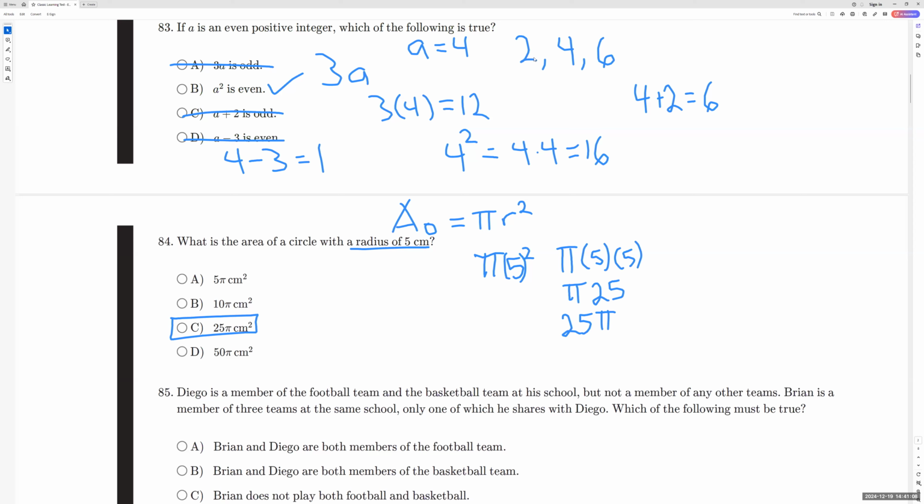Okay, let's read 85 together. Diego is a member of the football team and the basketball team at his high school. So Diego, if we do a Venn diagram, Diego is in both the football team and the basketball team. So Diego is here.